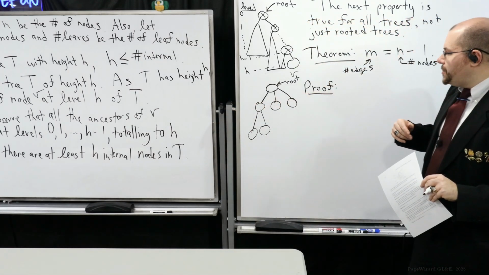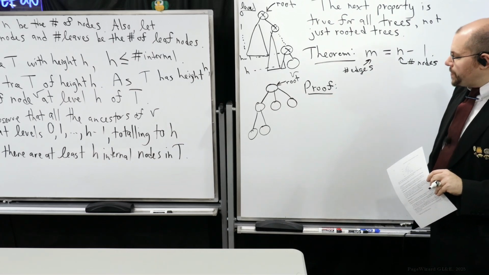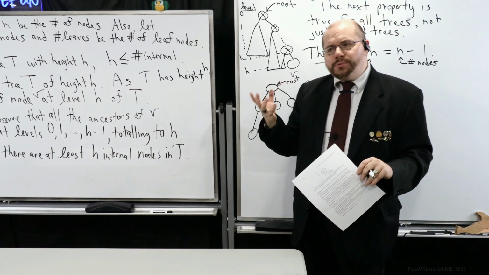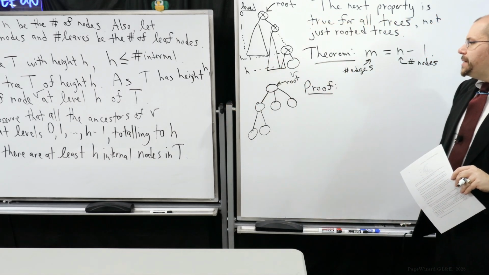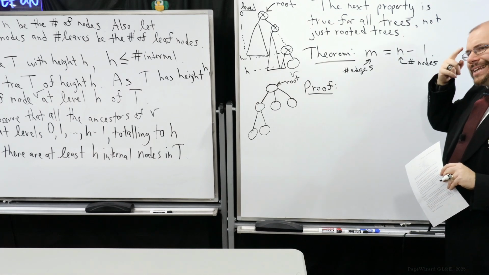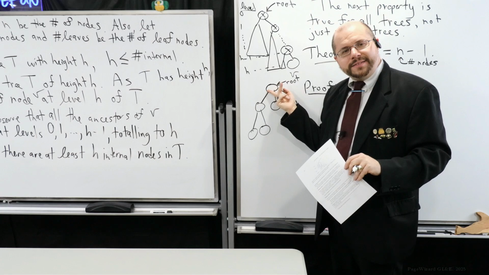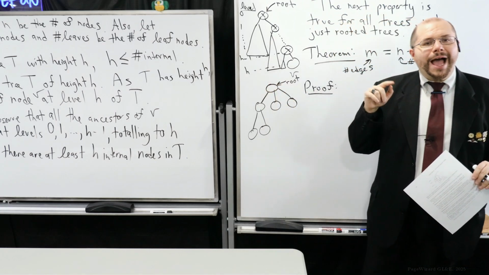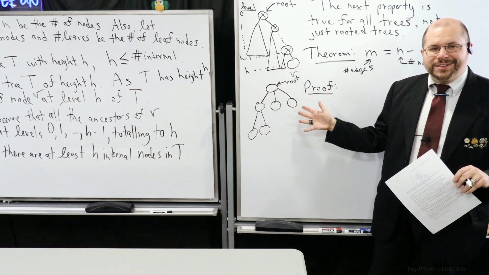So now we have ourselves this rooted tree. I would like to find some way I can carefully count the edges and vertices by trying to pair them. There's something really neat about the root node. The root node is very special because of something we've discussed in the past: the root node has no parent. But what can you say about all the other vertices or nodes?